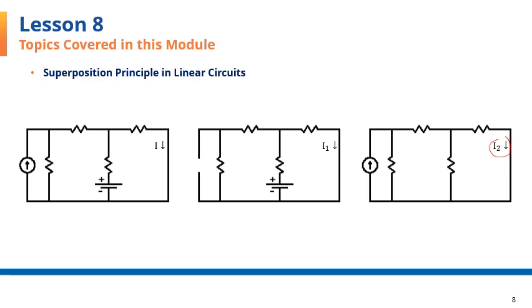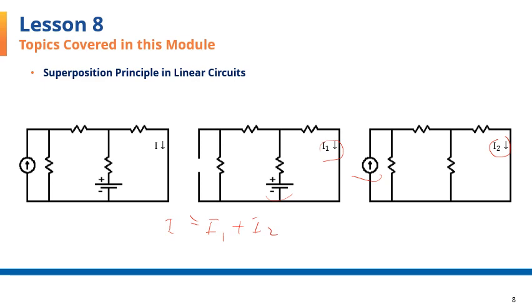So here we find I1 due to voltage source alone, I2 due to current source alone, and then we add them together to find I from the original circuit.